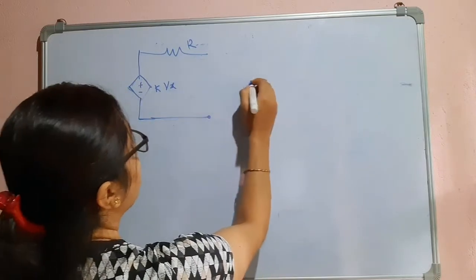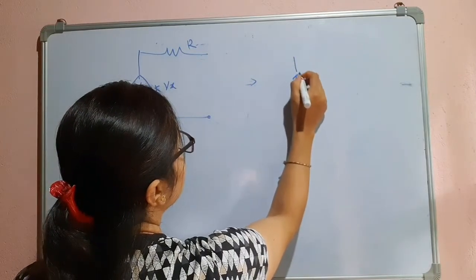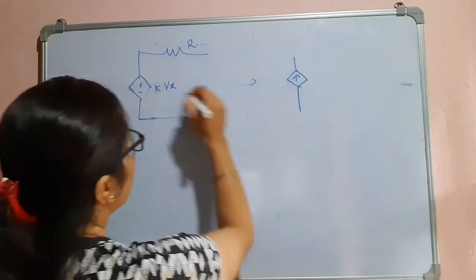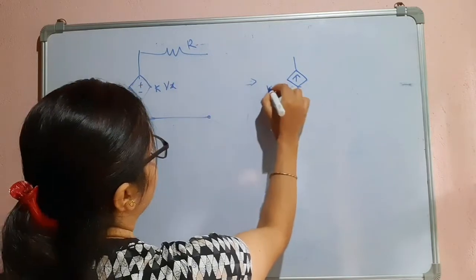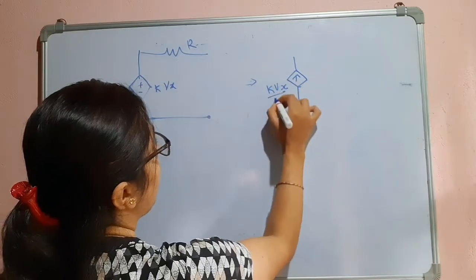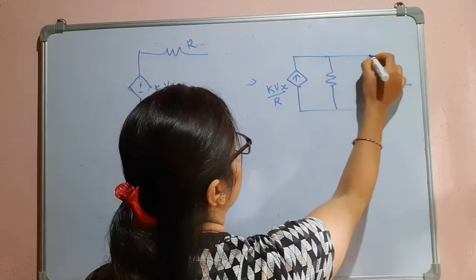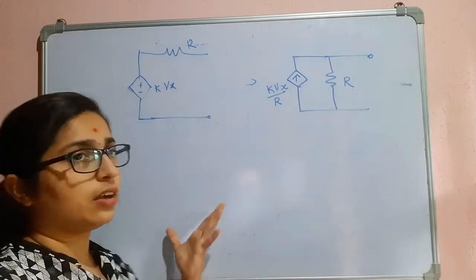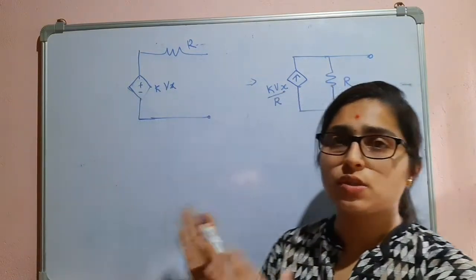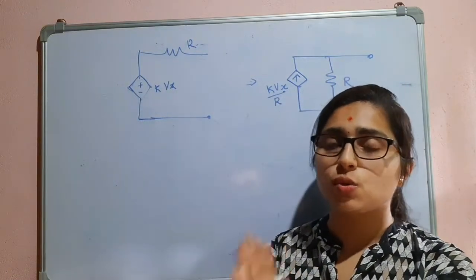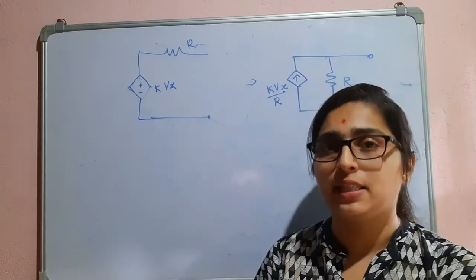We will get the dependent current source, and the value will be K Vx divided by R, with resistance R. So source transformation is possible in this case.